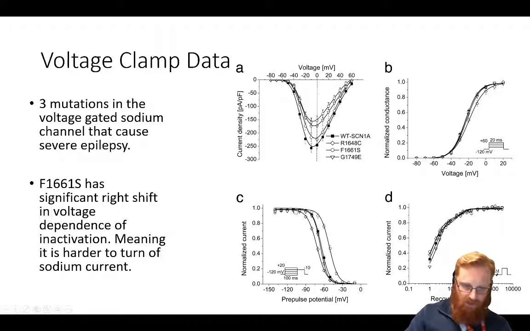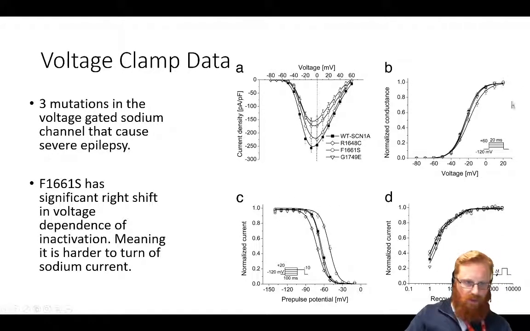And what you see is that, of course, as that pre-pulse potential, that step that holds the cell at varying voltages, changes from minus 120 all the way up to minus 30 or even further, nearly to zero, these channels inactivate. And you can see that the wild type in black is here, and we have shifts both to the left and the right that seem to be involved in epilepsy.